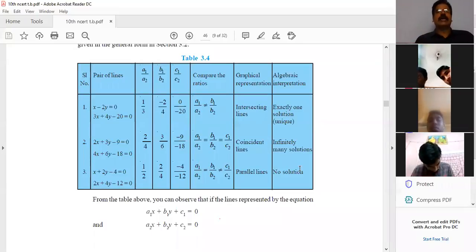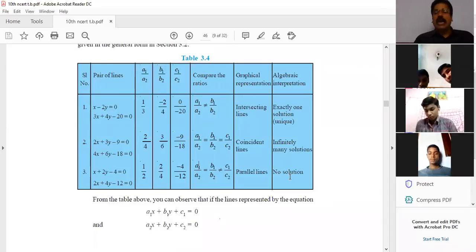Second case, if a1 by a2 is equal to b1 by b2 is equal to c1 by c2, the graphical representation is coincident lines, the algebraic interpretation is infinitely many solutions, and those equations are consistent but dependent. The third one is a1 by a2 equal to b1 by b2 not equal to c1 by c2, meaning the graphical representation is parallel lines and they have no solution. These equations are called inconsistent. We can solve only consistent equations.